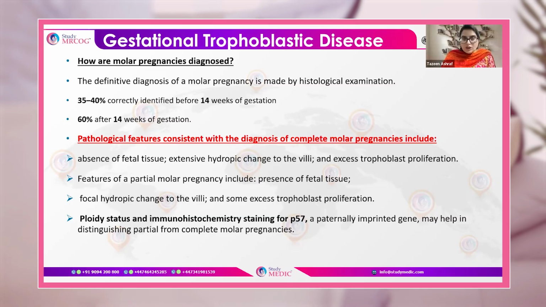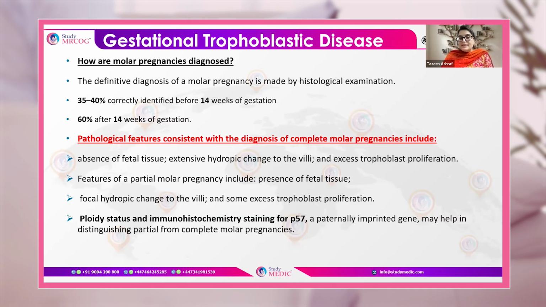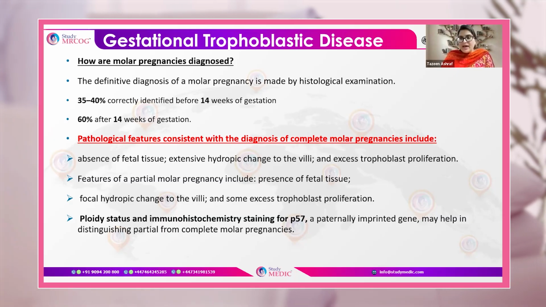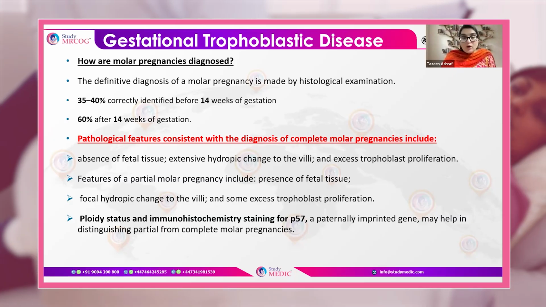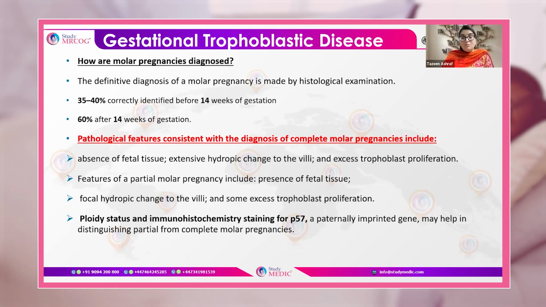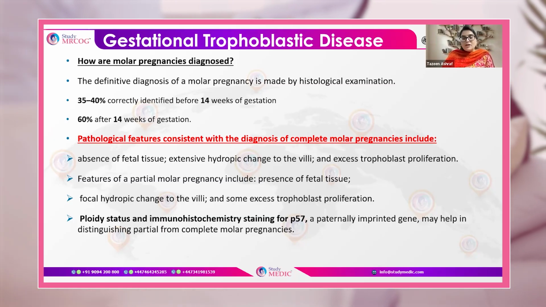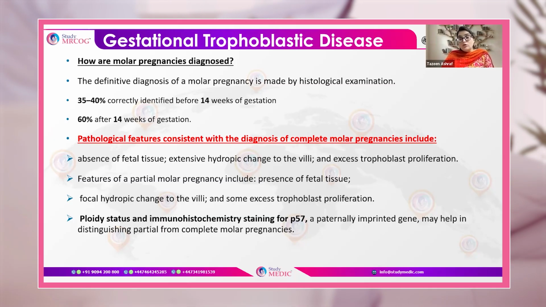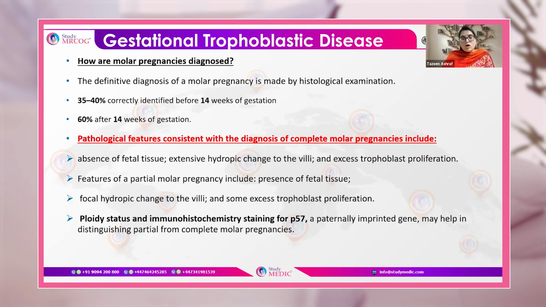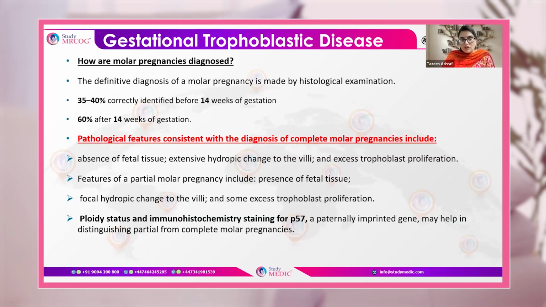When there is absence of fetal tissue, excessive hydropic changes to the villi and excessive trophoblastic proliferation, we should suspect molar pregnancy. This can be complete molar pregnancy, in which no fetal tissue is present, and partial molar pregnancy, in which fetal tissue can be present, with focal hydropic changes to the villi and some excess trophoblastic proliferation.